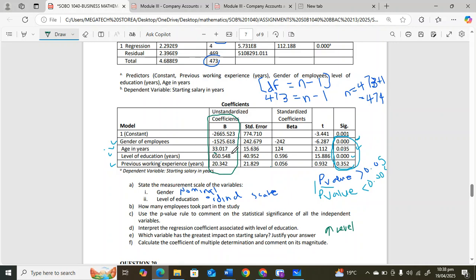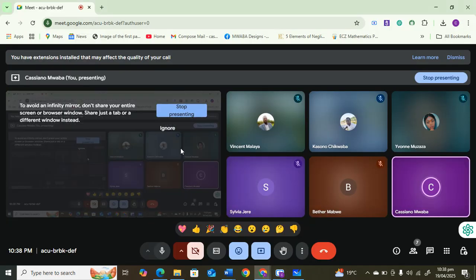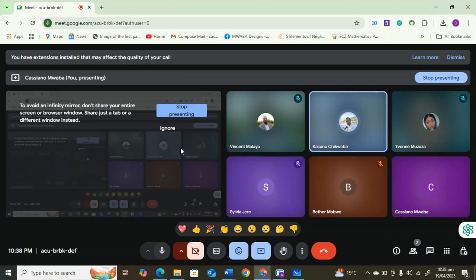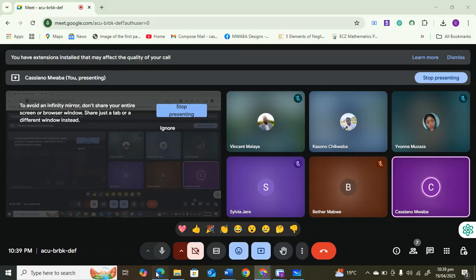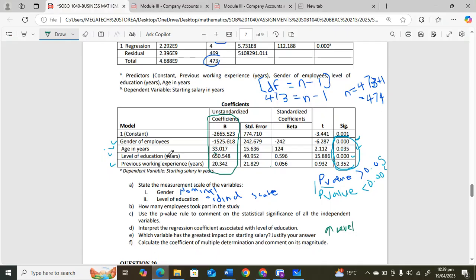But if you increase your level of education, your salary will increase by a certain amount, basically. Because I believe if you increase from diploma to degree, your salary will change. Yes, that's how we interpret the coefficients like this, okay?